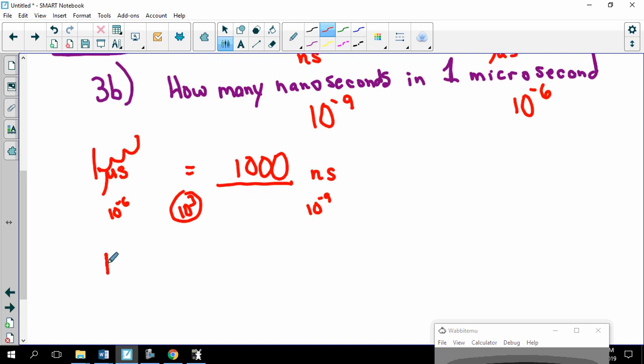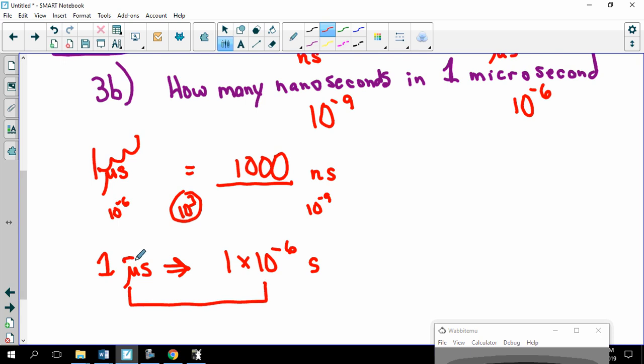1 microsecond implies it's 1 times 10 to the negative 6th seconds by definition. Micro gets rid of the prefix out front, and that 10 to the negative 6 goes with whatever this number is, times 10 to the negative 6.